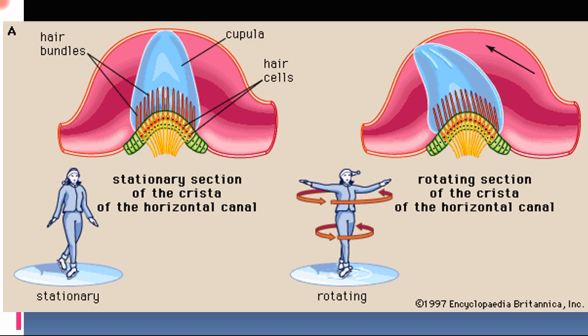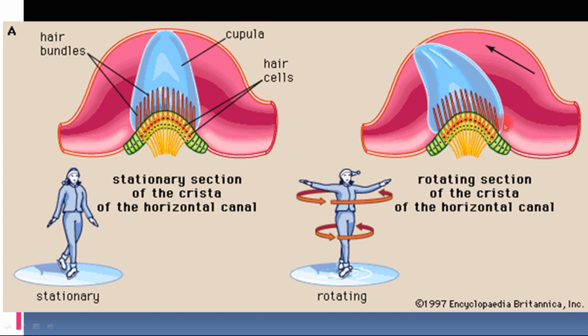We have to analyze in all those conditions what the action will be. So when they start to rotate, the bony structure, the membranous labyrinth, will start moving, whereas the fluid inside this membranous labyrinth will have an inertia.